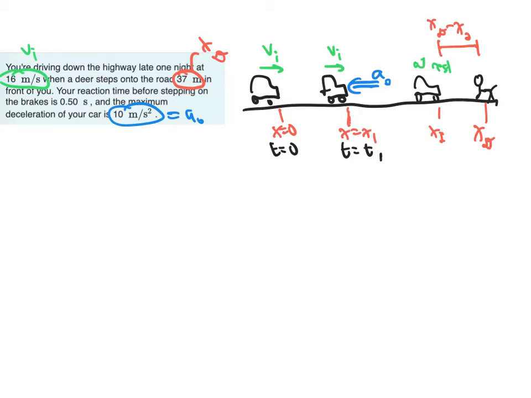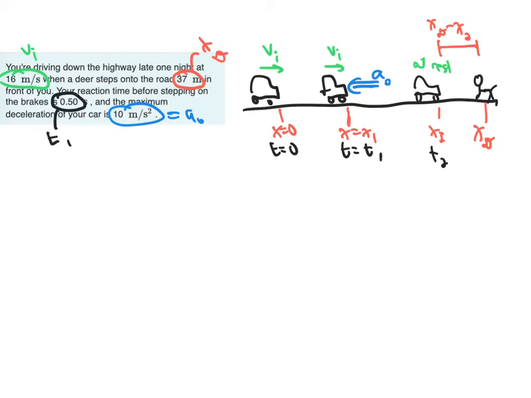Theoretically, I can call this t2, although I don't think it's relevant in the problem. This thing is going to be t1, the time between when you see the deer and the time when you start applying your brakes.